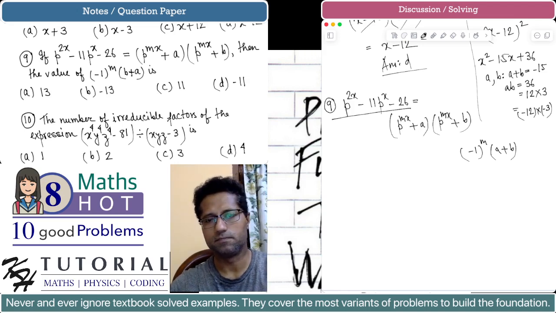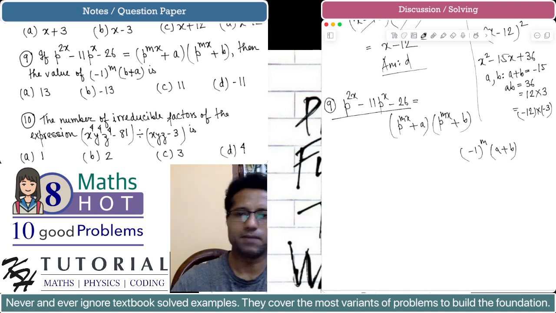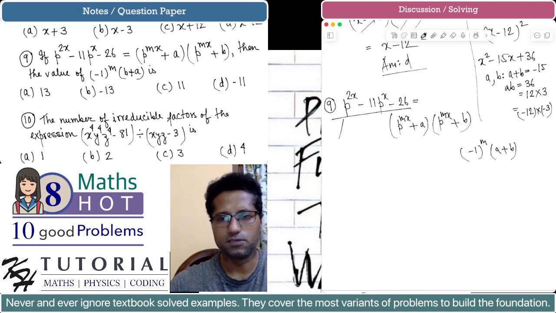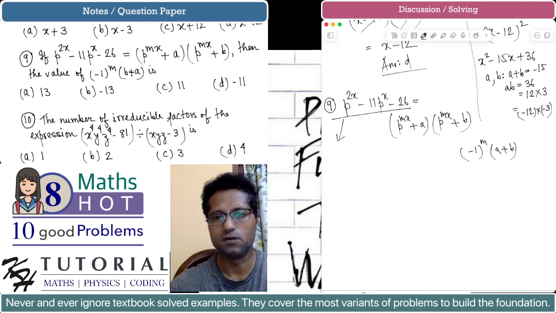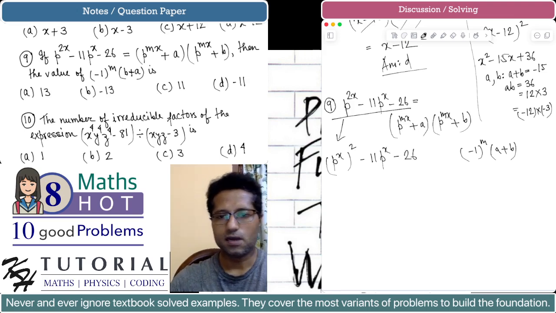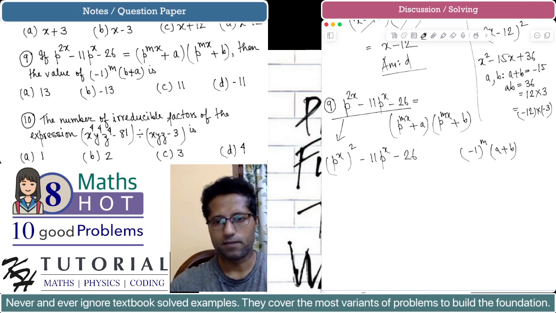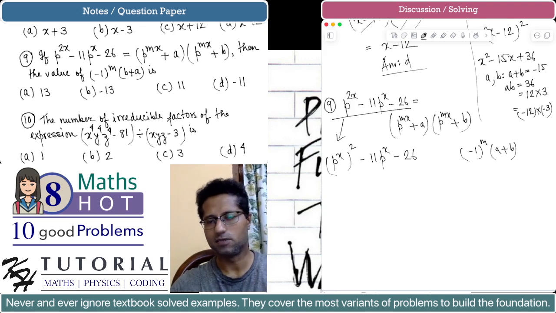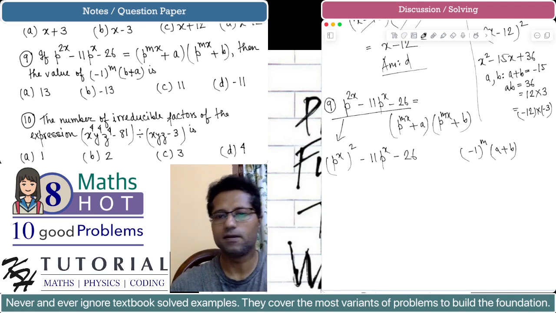Please observe that p to the power 2x is nothing but p to the power x whole square, and we have minus 11 p to the power x minus 26. So it is kind of the form a square minus 11a minus 26, where a is p to the power x. So for the time being, just mentally think p to the power x.